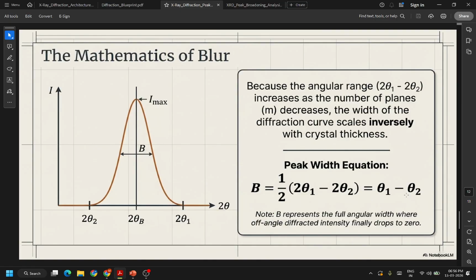As you decrease the number of planes m, the angular range from 2 theta 1 to 2 theta 2 will increase. So from this we can understand that the width of the diffraction curve scales inversely with crystal thickness.